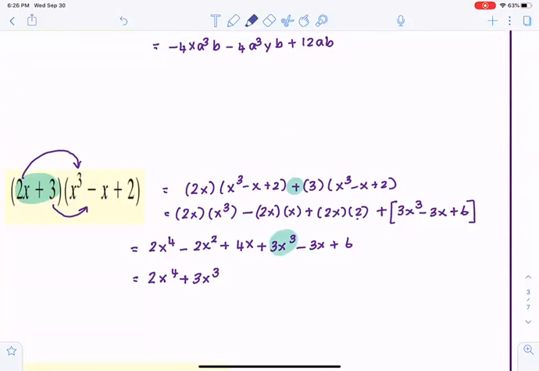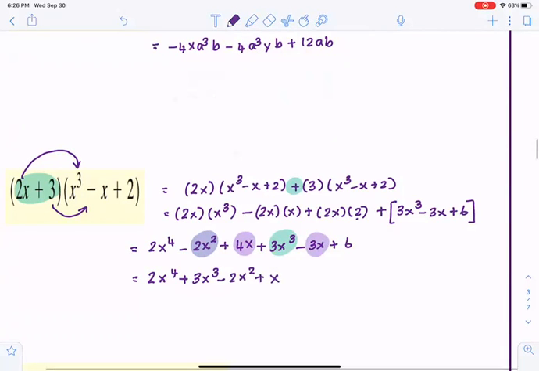We have only one x squared term, which bears a negative sign, so negative 2x squared. There are 2 x terms. One of them is 4x, the other one is minus 3x. So 4x minus 3x is positive x. And there is only one constant term, which is 6.